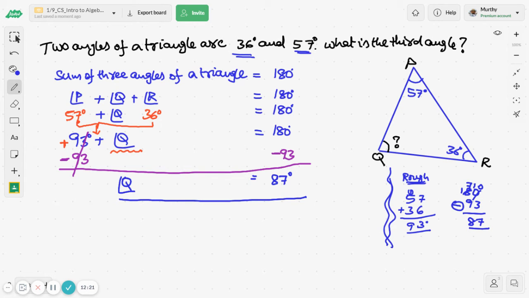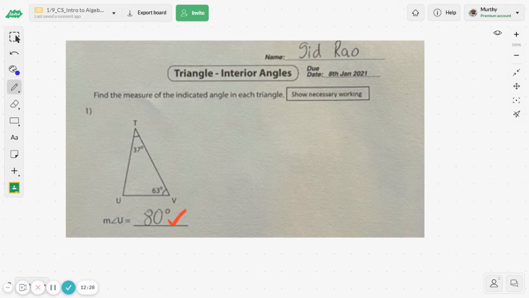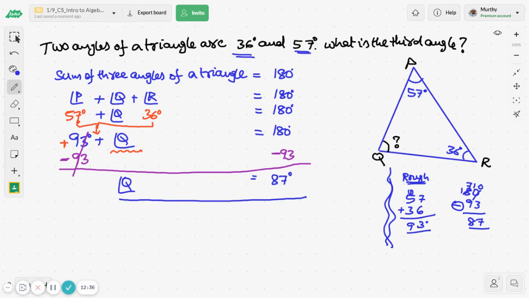But if you go back to page 2, whatever solution you got, 80 degrees, though it is correct, I would like to see this kind of working. I would like to see your thought process, how you got the answer.